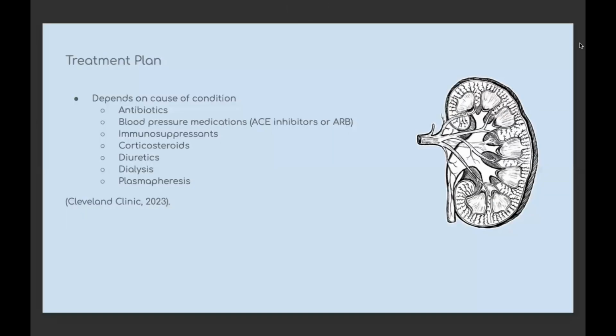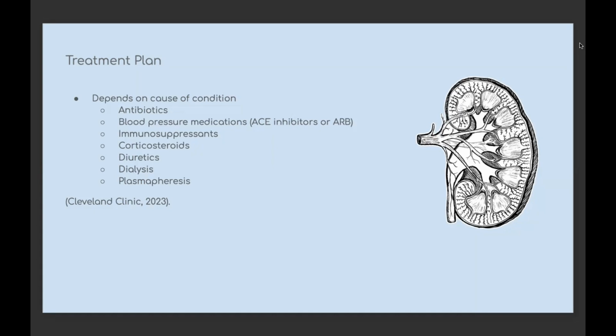For the treatment plan, it is tailored to the cause of the condition. If it is caused by a bacterial infection, then we would have to administer antibiotics. For those who have hypertension, we have to make sure we give them their antihypertensive medications.